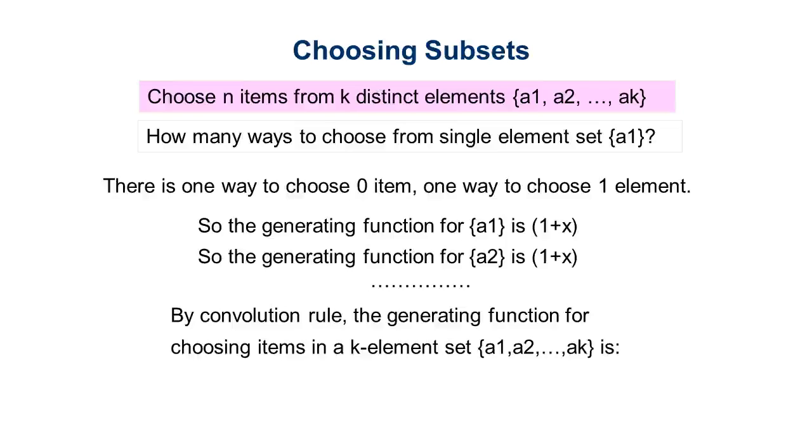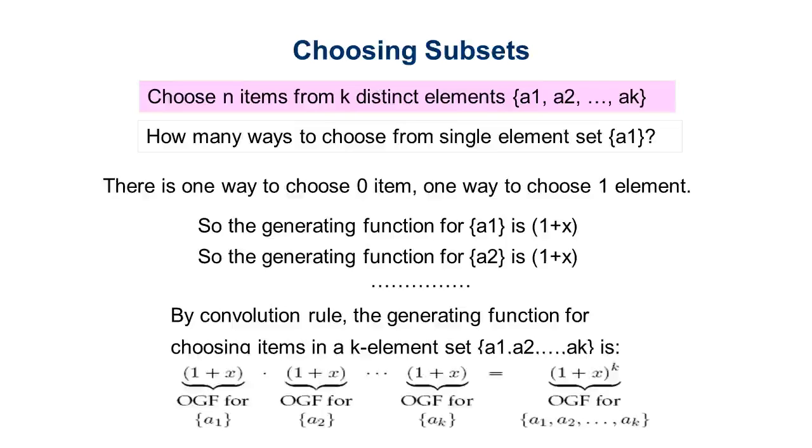By the convolution rule, the generating function for choosing from the set a1, a2, ..., ak is (1 plus x) times (1 plus x) up to the kth term, and it becomes (1 plus x) to the power k.